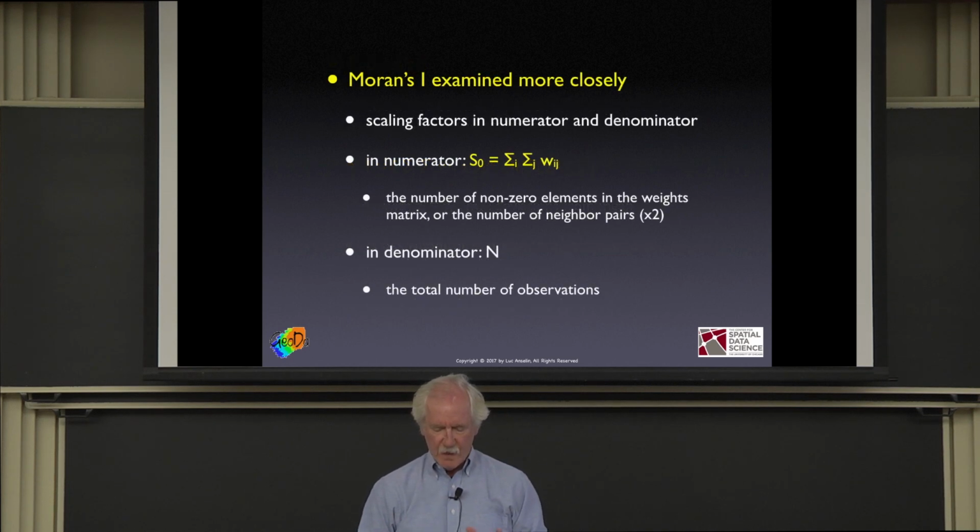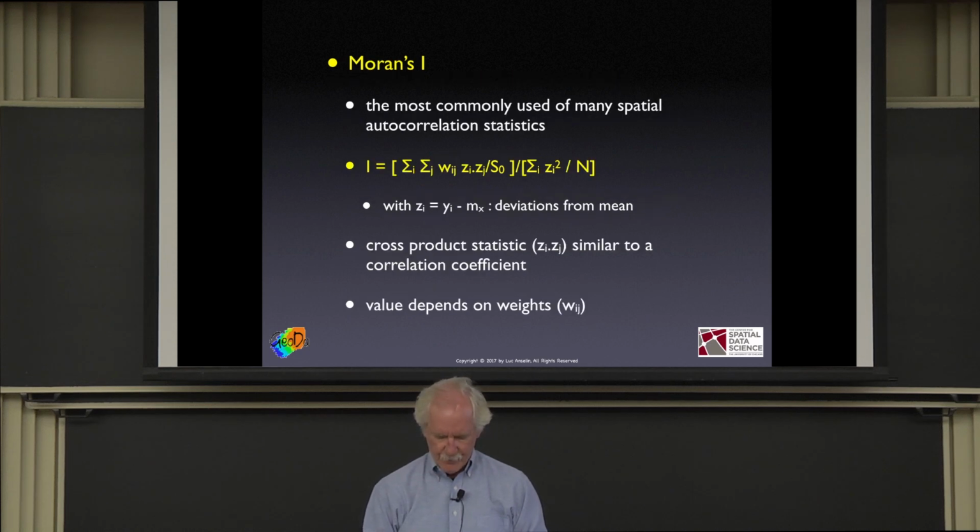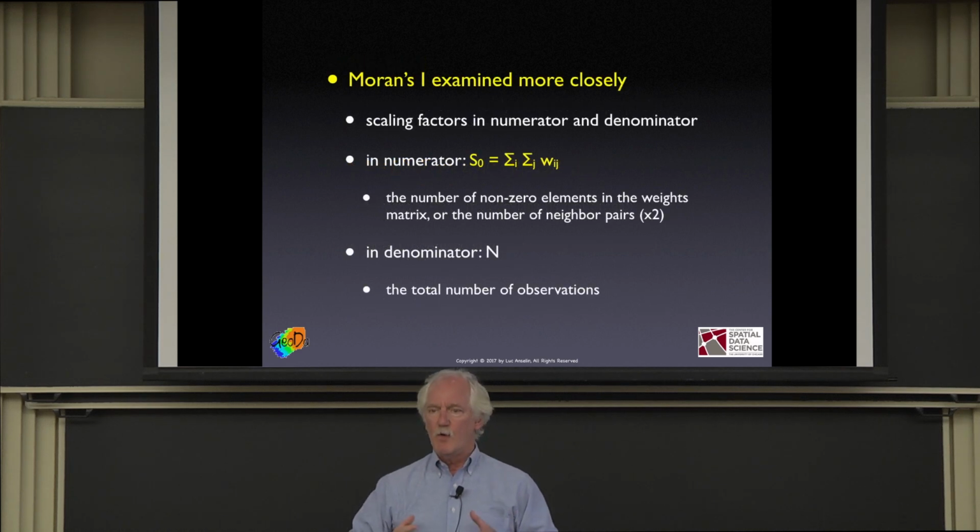So looking at this a little more closely, this may seem very weird. In the numerator, we don't divide by n square, even though we take all the pairs of observations. Instead, we divide by this s sub 0, and s sub 0 is actually what we should be dividing by, because it is the number of actual neighbors among all these possible pairs.